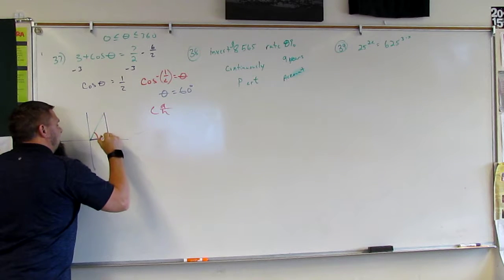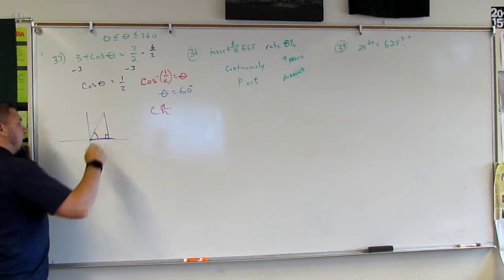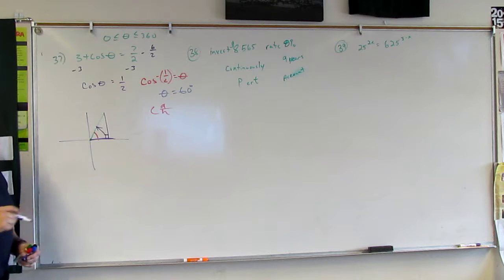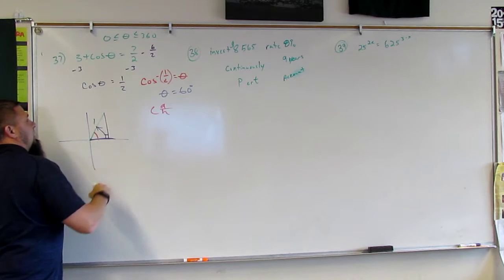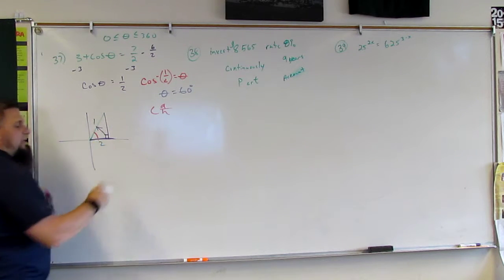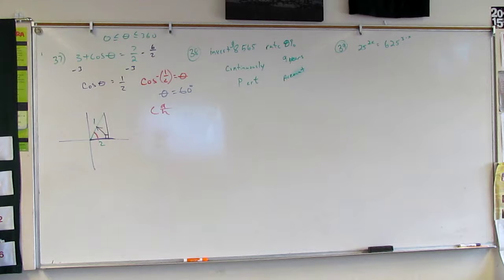And remember, this is your right angle, so this green side is your hypotenuse. So it's going to be this over this. Now, the hypotenuse has to be positive.